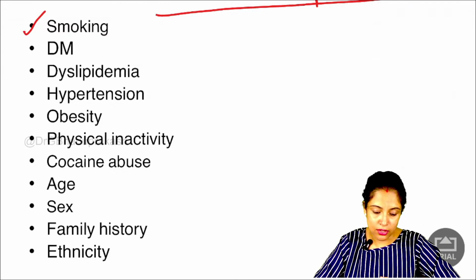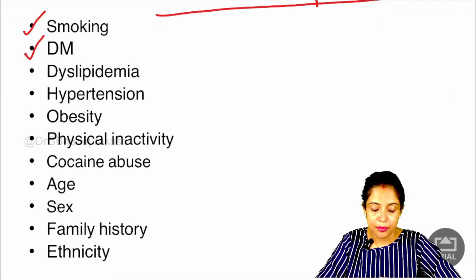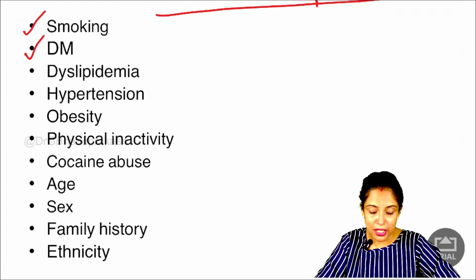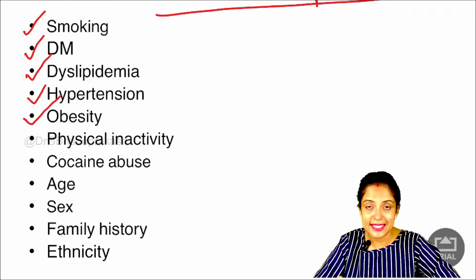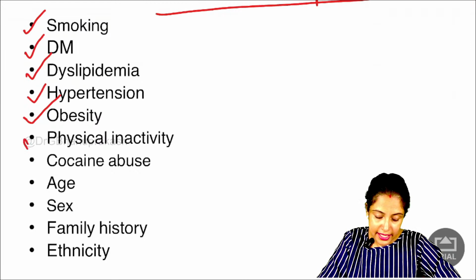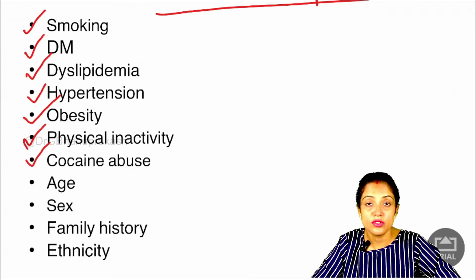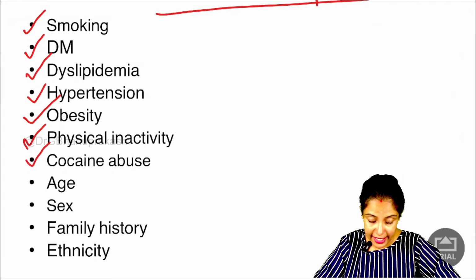Other modifiable risk factors are diabetes mellitus with uncontrolled blood sugar, dyslipidemia, hypertension with uncontrolled blood pressure, obesity, physical inactivity, and cocaine abuse.